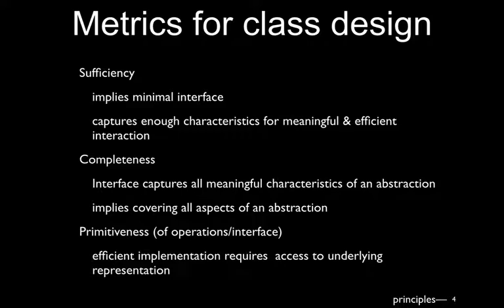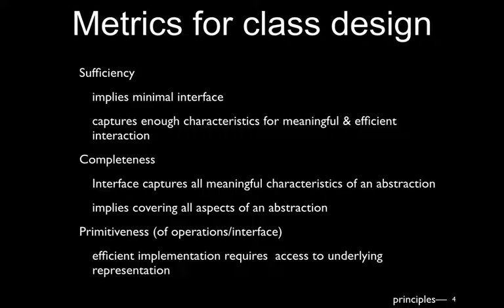For example, let's say I have a list that has an add method and a remove method. I can add an element to the list, and I can remove an element from the list. At this point, the class is not complete, because I don't have a way to tell whether an element is already in the list or not. That's a very basic operation I would like from the list.